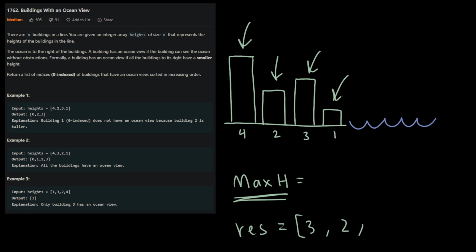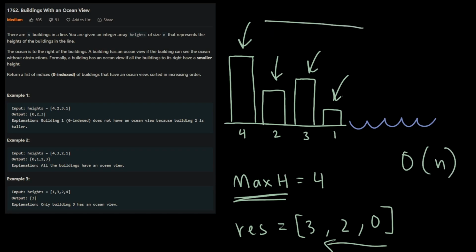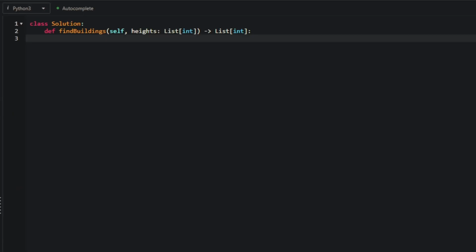So we would again update that variable and add the index to our resulting array. And what we would do in the end is just reverse this array so that it would be in increasing order. Now this algorithm has an O of n runtime because we're only traversing through the array once, and it would also give us O of 1 space, excluding that return array.